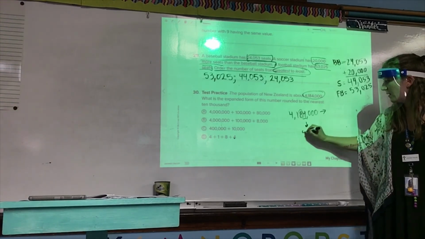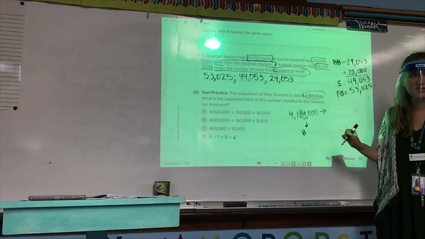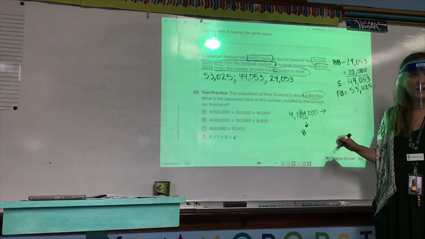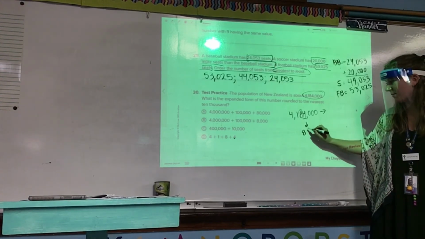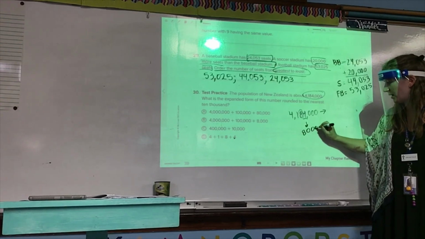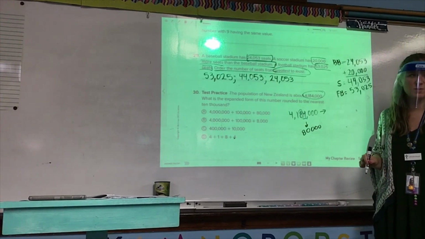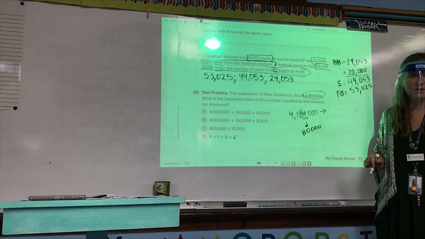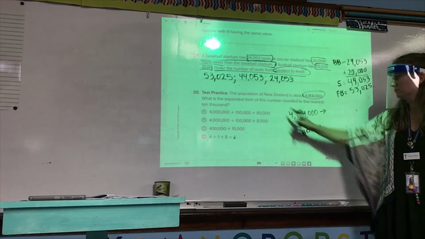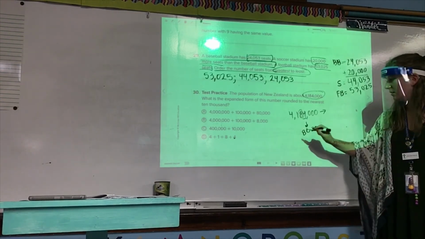Okay? Step 4, how many digits are after the circle digit? 4. How many zeros go at the end of our number? 1, 2, 3, 4. Step 5, do we have digits before the circle digit? Yes. What are they? Tell me in order. 4, and 1. Do we do anything to them?